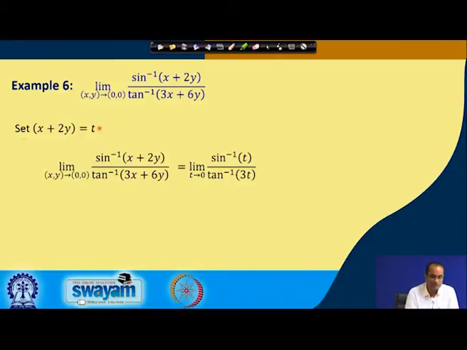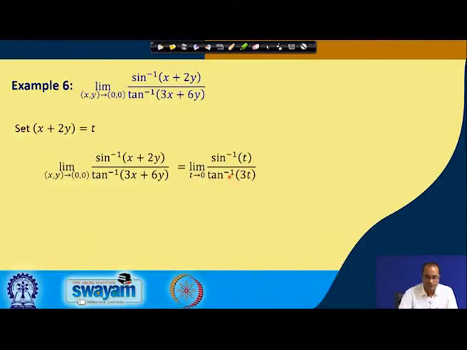We are not fixing the path, but we have substituted this relation x plus 2y, which appears everywhere in this function. Here it was x plus 2y, and again the same functionality with 3 times x plus 2y, which we have replaced by t. So it becomes 3t, and now we have changed the problem to a limit of a single variable, which we can compute.